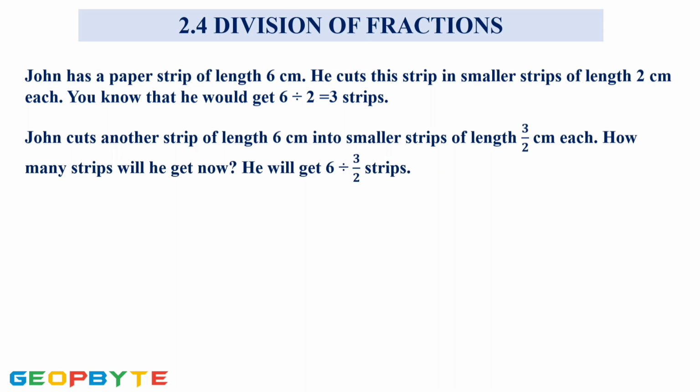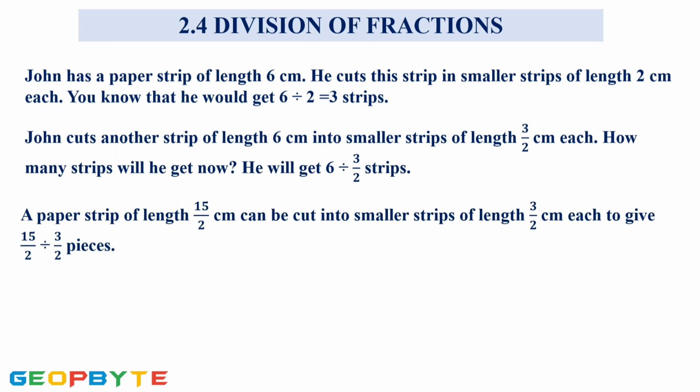How many strips will he get now? He will get 6 divided by 3 by 2 strips. Next, a paper strip of length 15 by 2 centimeters can be cut into smaller strips of length 3 by 2 centimeters each to give 15 by 2 divided by 3 by 2 pieces.